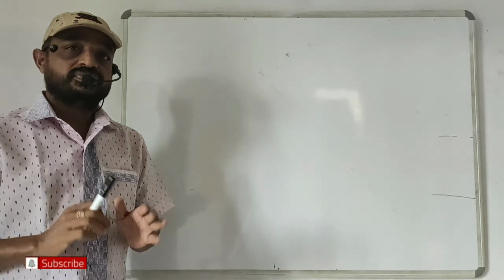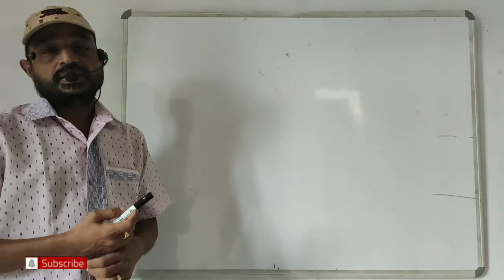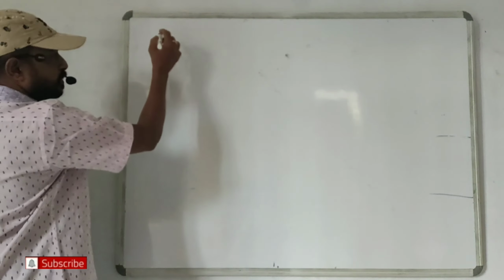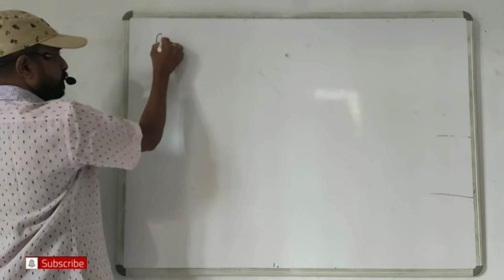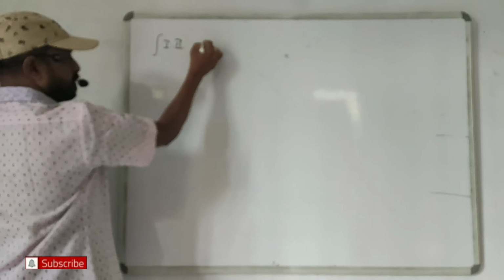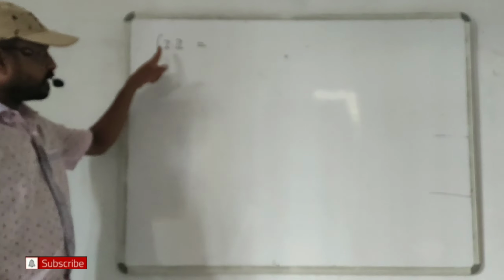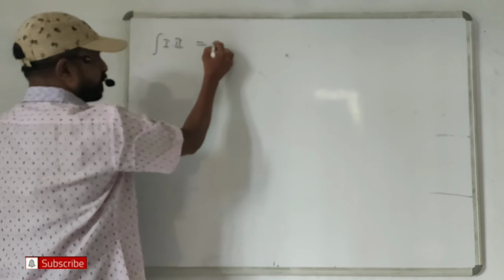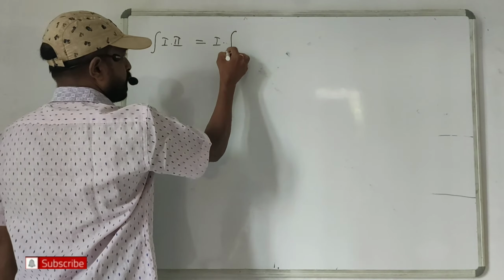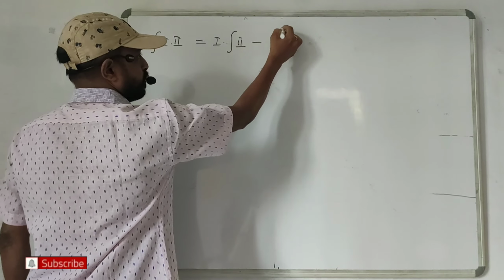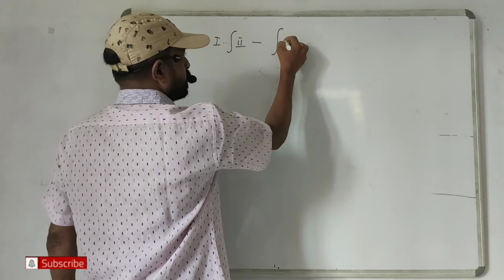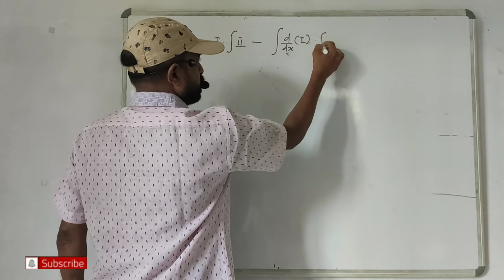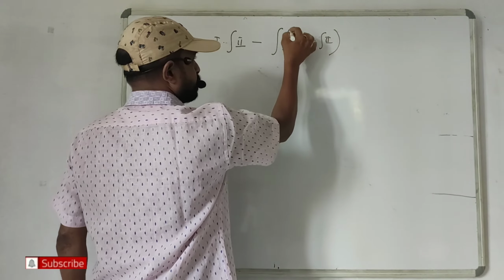So what is the formula for integration by parts? See, the integral of the product of two functions, first and second, is equal to the first function into the integral of the second, minus the integral of the derivative of the first function into the integral of the second.